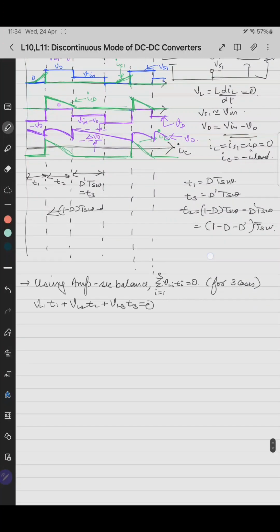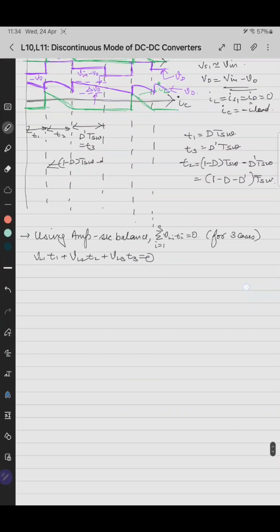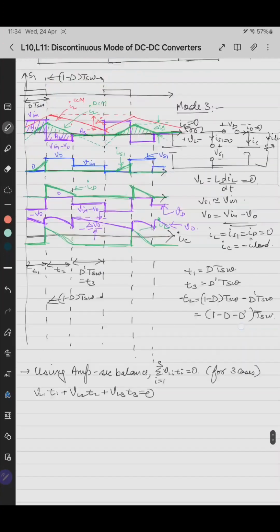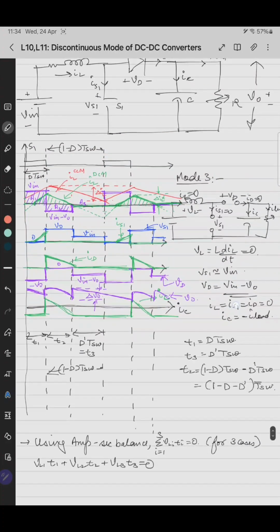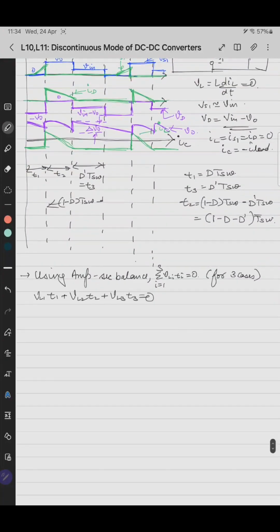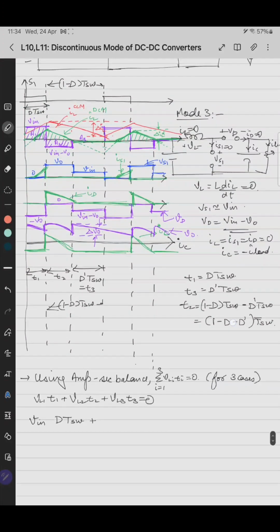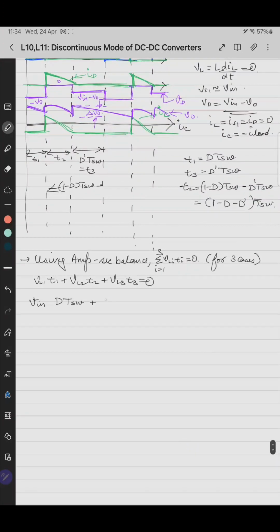So we substitute here. What is VL1? VL1 is Vin, and VL2 is Vin minus V naught. So Vin into D into T switching plus VL2, that is Vin minus V naught, into T2, that is 1 minus D minus D dash into T switching, plus VL3.